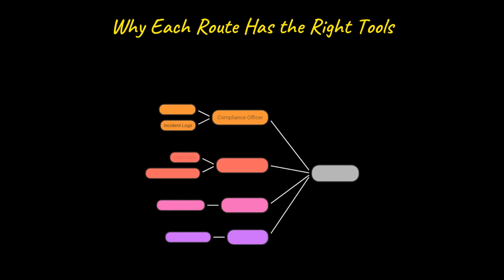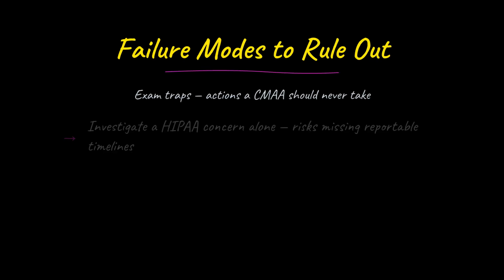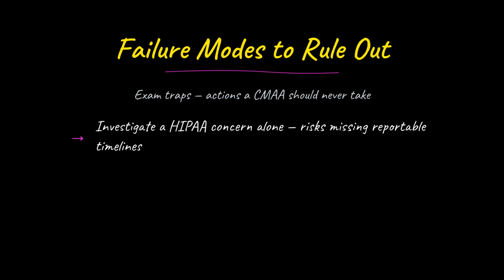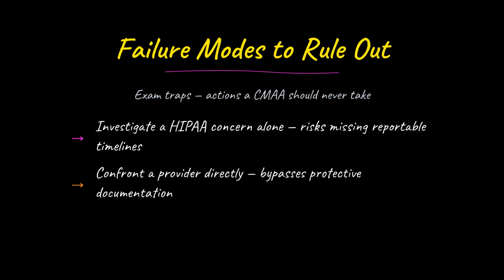The structure exists because no single role has the training, authority, or tools to handle every issue. The compliance officer holds formal authority to investigate privacy matters and must log reportable incidents. The billing supervisor has access to claim data. Routing correctly applies the right tools to the right part of the problem. Exam writers test 3 classic failure modes. Investigating a HIPAA concern alone can taint the investigation and expose the practice to greater risk.